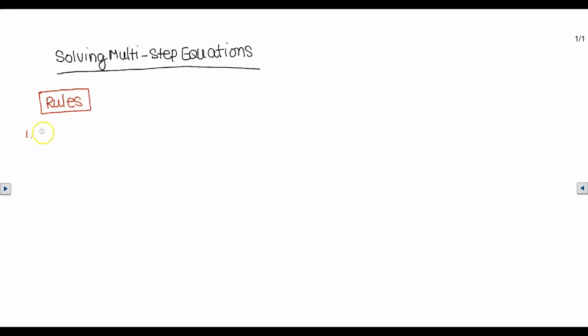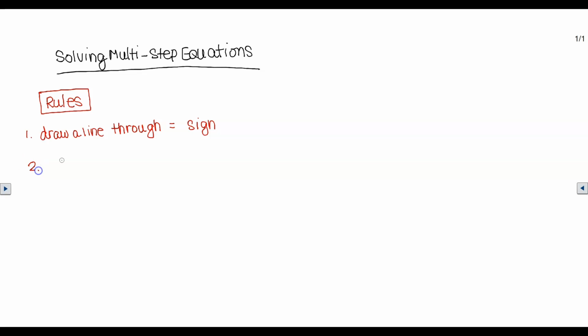So the first rule that we talked about for solving equations is that I wanted you to draw a line through the equal sign. And you will remember that the reason for that was that I wanted you to see that an equation has two sides.